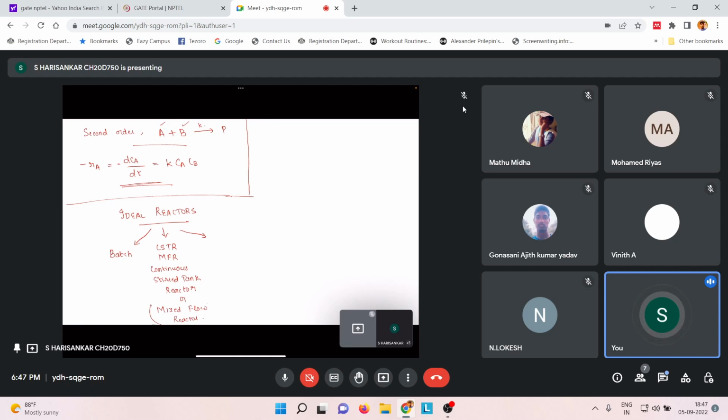Both are pretty much the same, just a difference in the naming. And then PFR, which stands for plug flow reactor.